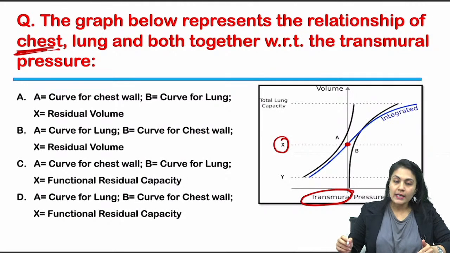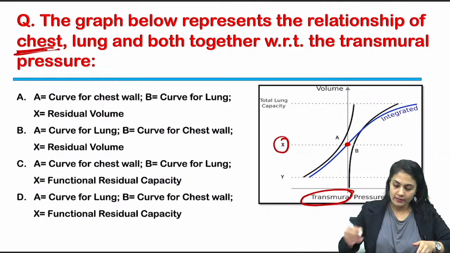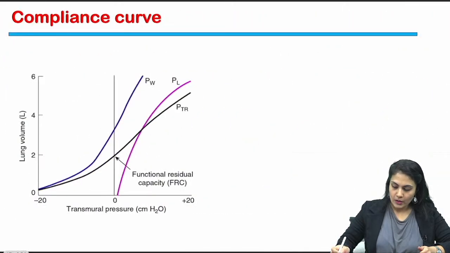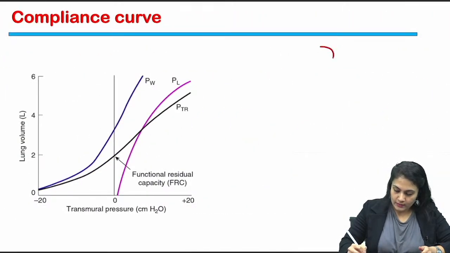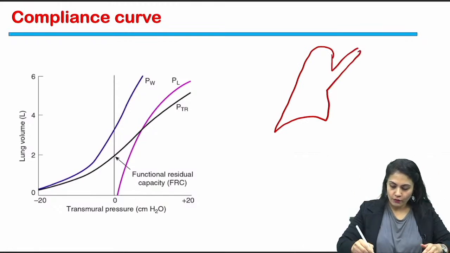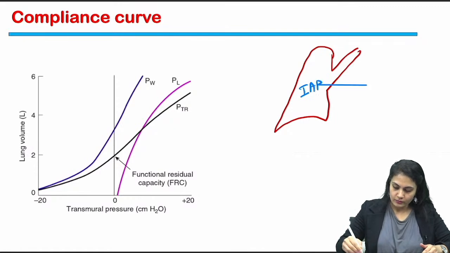Whenever we talk in terms of trans pressure, we have to do in minus out in the adjacent layers, right? So please remember, let's talk about the lungs. Suppose this is the lung. It's a combination of alveoli. Over here it is going to be the intra-alveolar pressure.